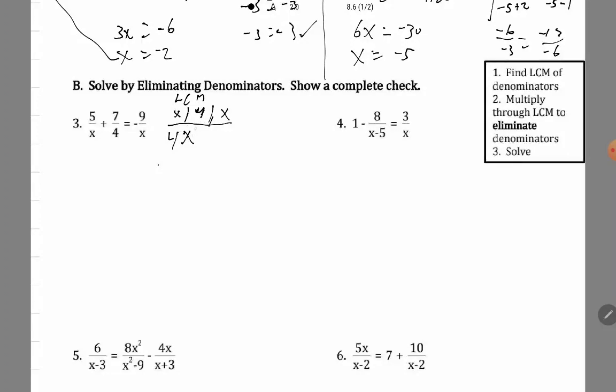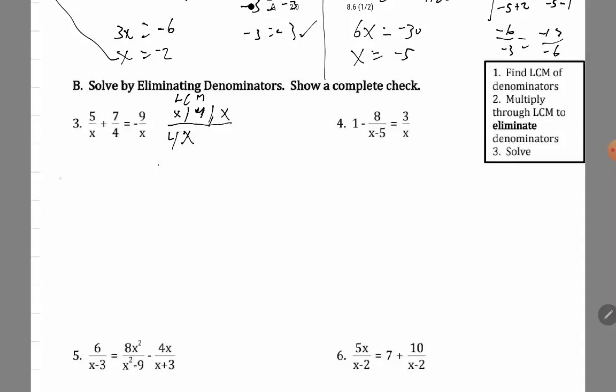We don't use x squared because the first fraction and the third fraction already share an x. So we'll use it once. And then we tack on whatever's left, the 4. So my LCM is 4x.